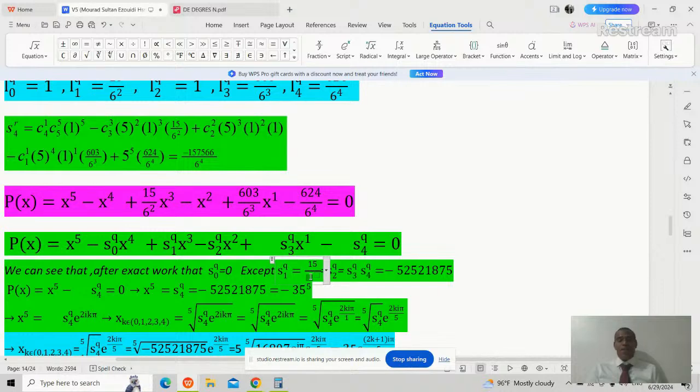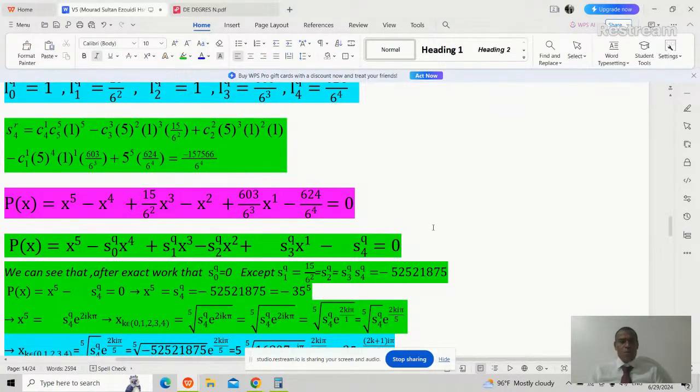I'll make the 6 squared here. I will use this because I need it. Copy. So now we found the value of S2. We found it before, and this is S4.